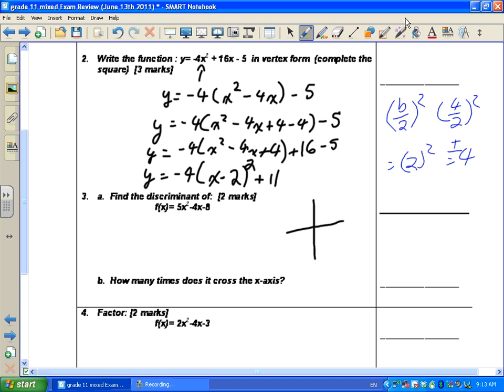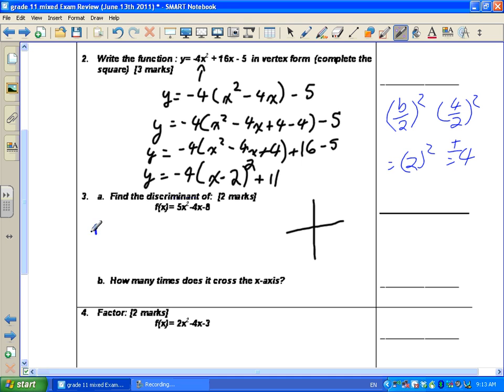We use a part of the quadratic formula to figure out if it has no intercepts, one intercept, or two intercepts. The discriminant will be a number. Let's see if anyone remembers.